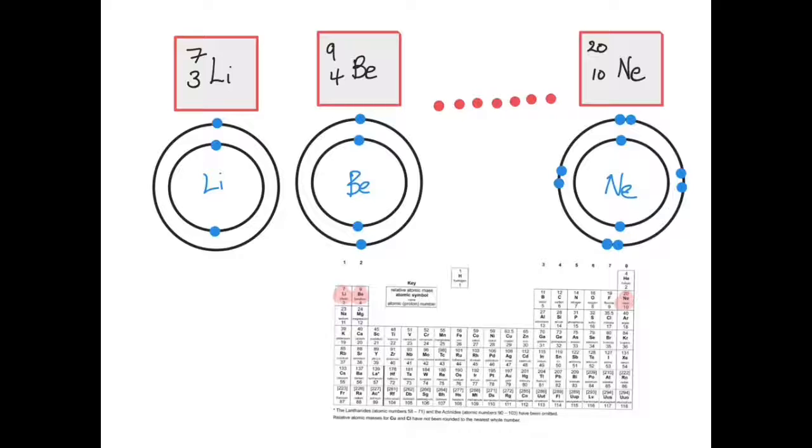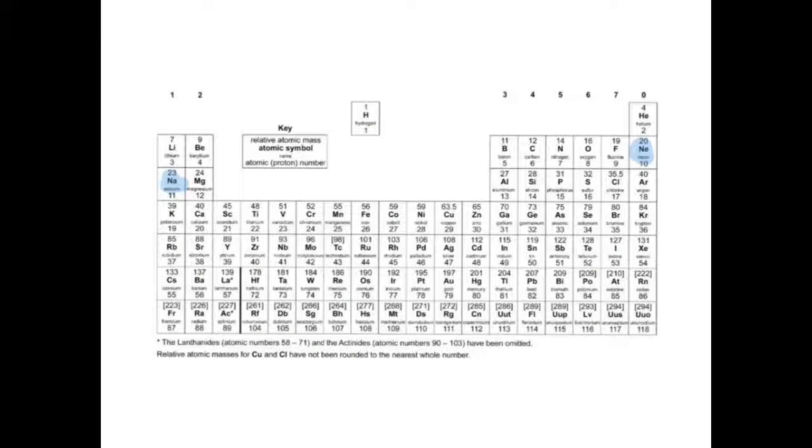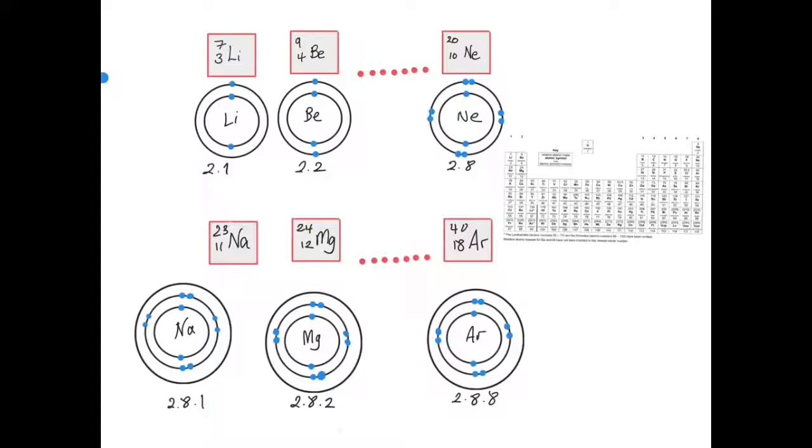What happens when we go from neon to sodium? Well, just like before, when you go into a new row, a new period, you have to start a new shell of electrons. So going from neon to sodium, we've gone from 10 electrons to 11 electrons.